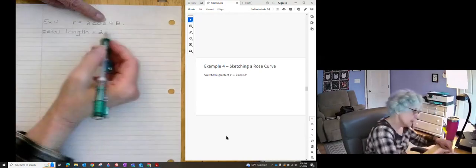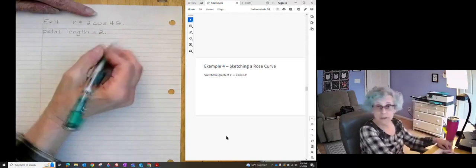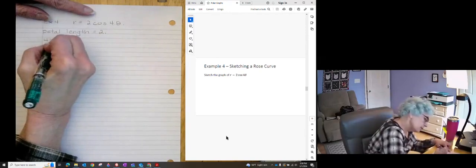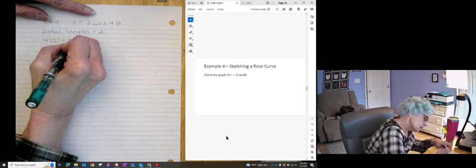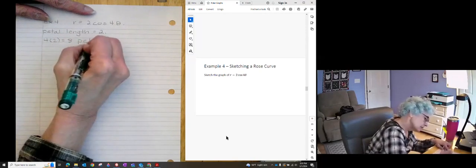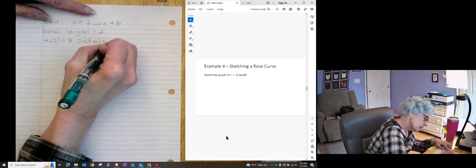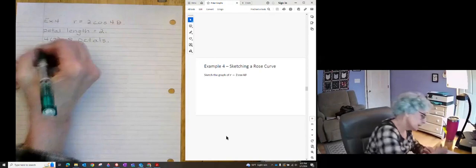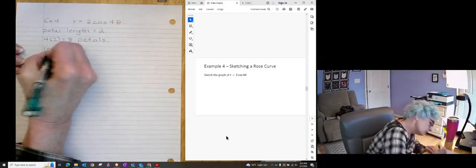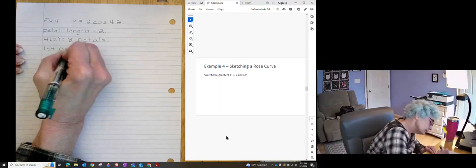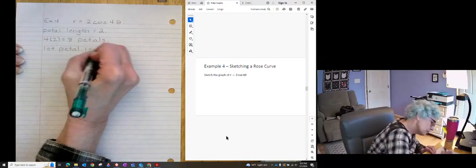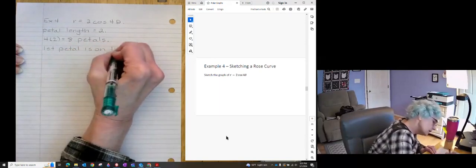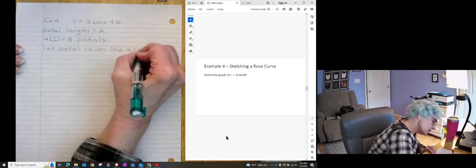And we know that since 4 is an even number, there are 4 times 2 equals 8 petals. Since it has a cosine in it, I know that the first petal is on the x-axis.